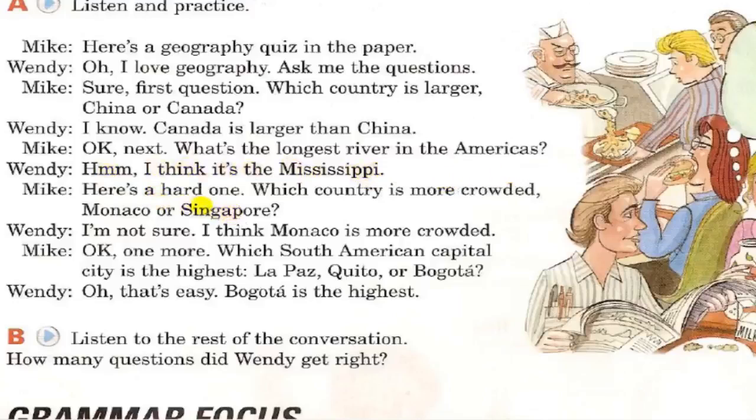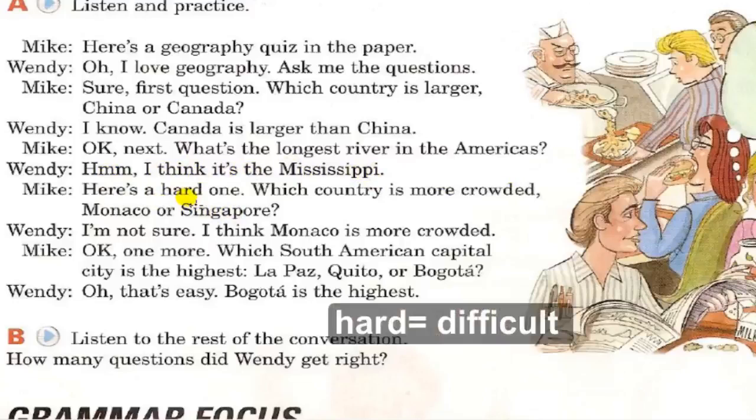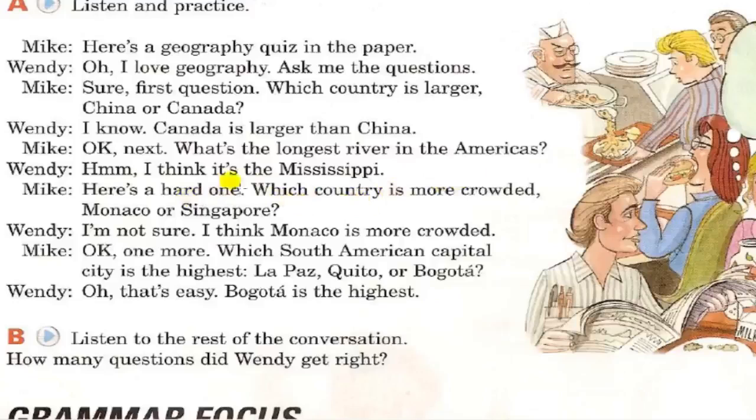Here is a hard one, a difficult question. Which country is more crowded, Monaco or Singapore? Crowded means it has a lot of people. I'm not sure. I think Monaco is more crowded. Maybe Monaco City is more crowded.